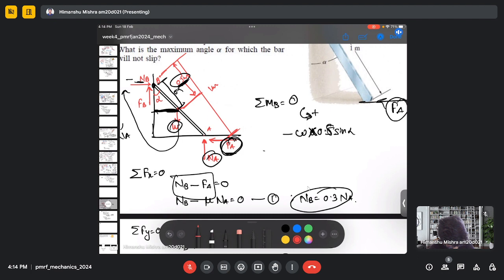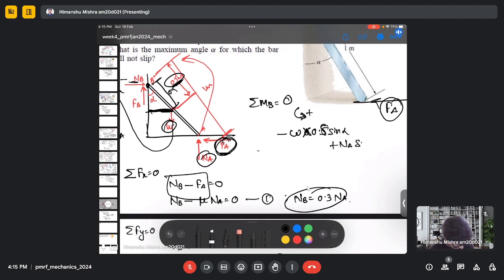Then NA is creating the anti-clockwise moment around point B. And this is sin alpha.